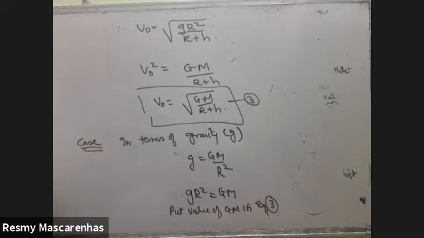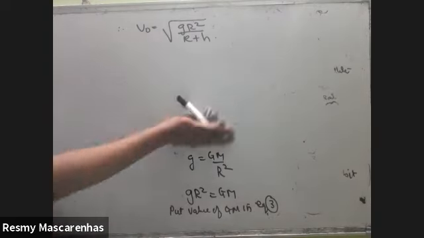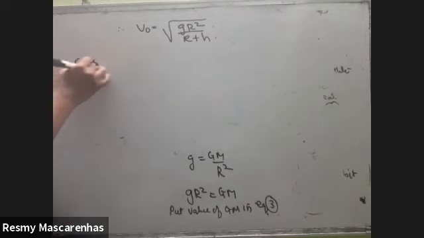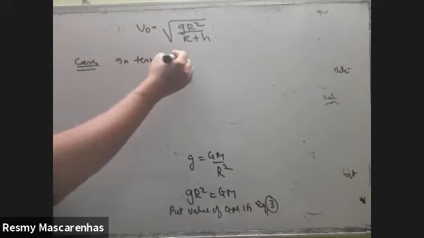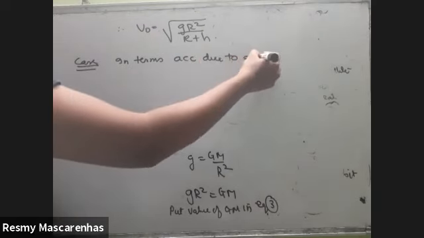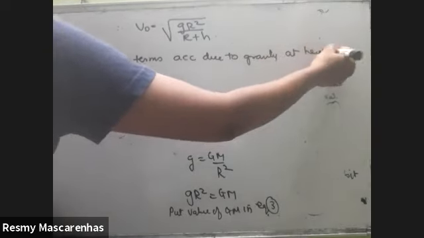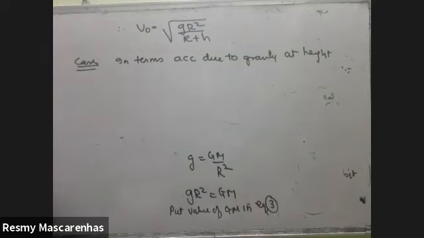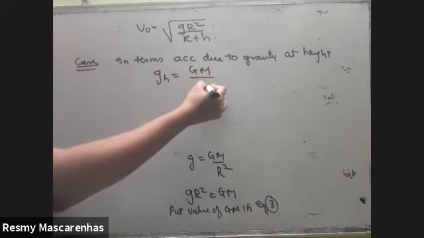Then one more way to express, another case, in terms of acceleration due to gravity at height. So we know that gh is nothing but Gm upon R plus H the whole square.